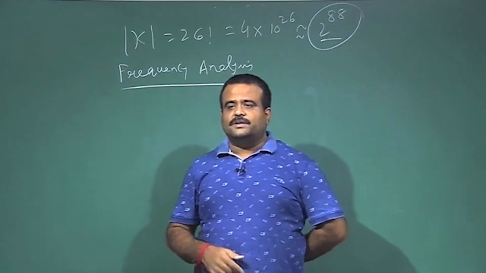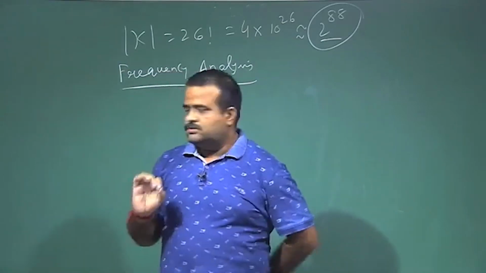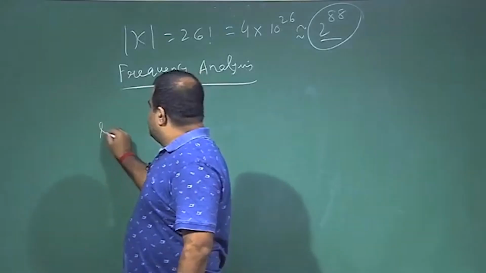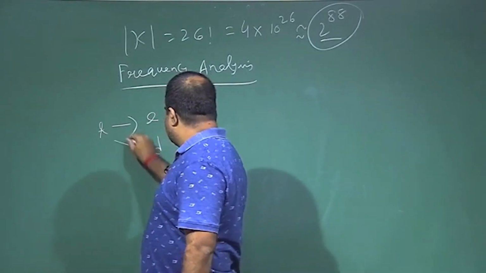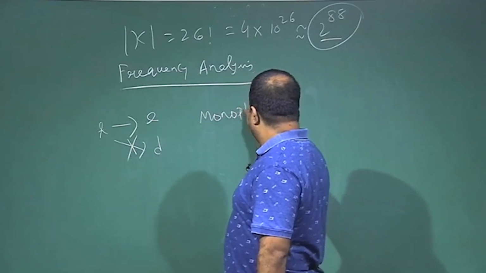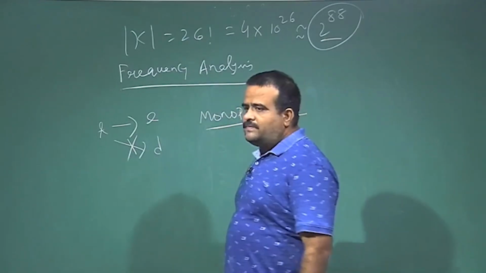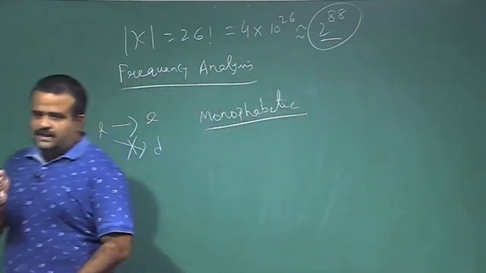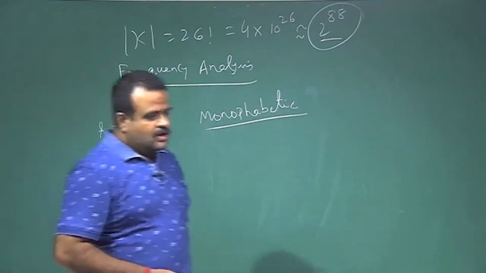In monoalphabetic, an alphabet is mapped to a fixed alphabet. So, if T is mapping to E, then T cannot be mapping to D, this is not possible. So, this is called monoalphabetic. Every alphabet is mapped to a fixed alphabet, it is not mapped to different alphabets.